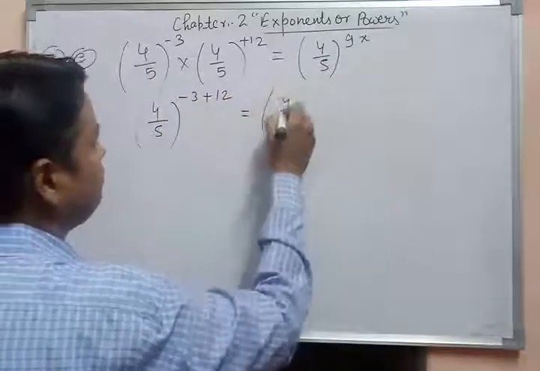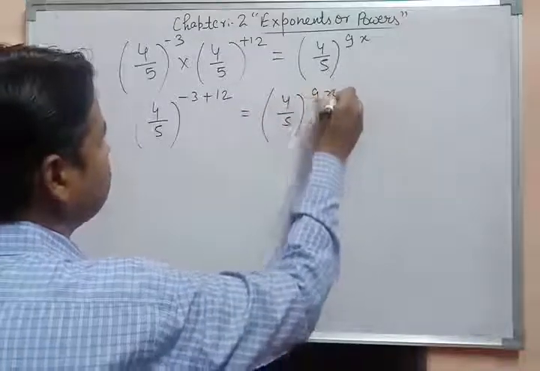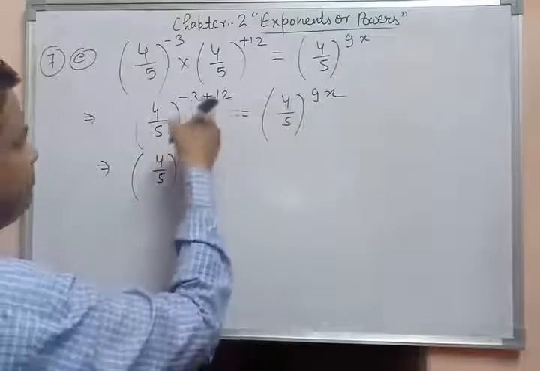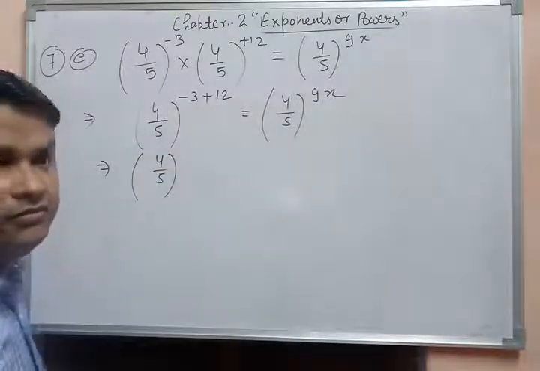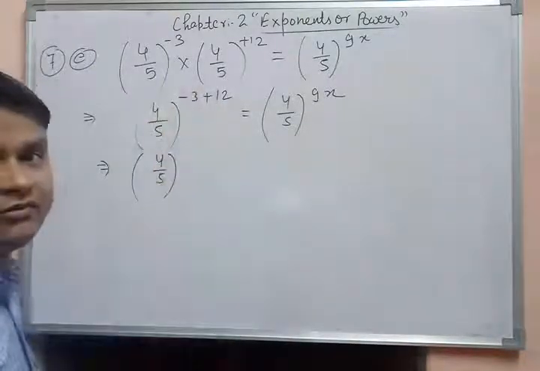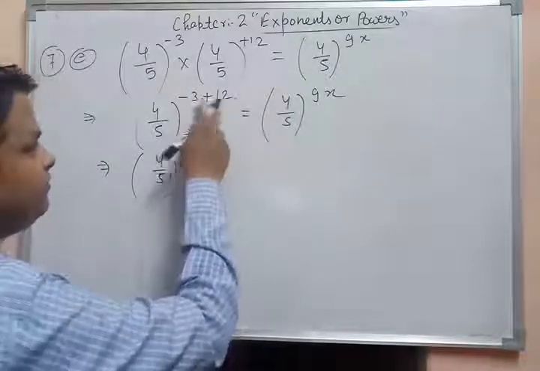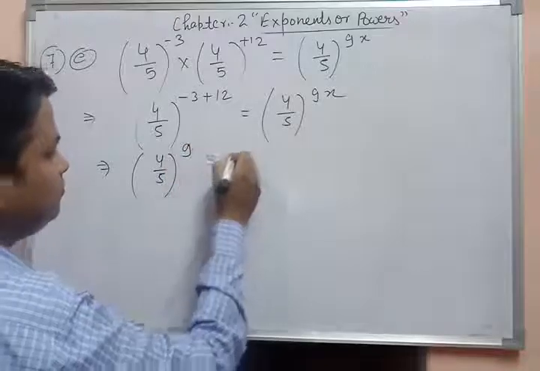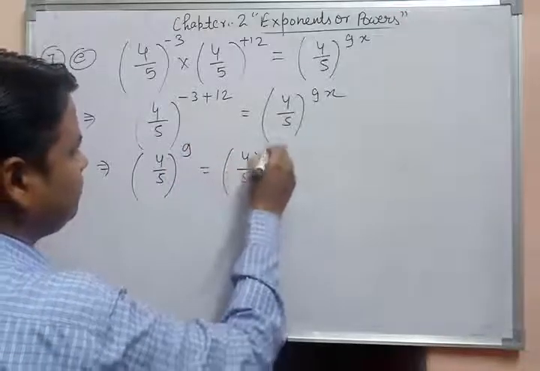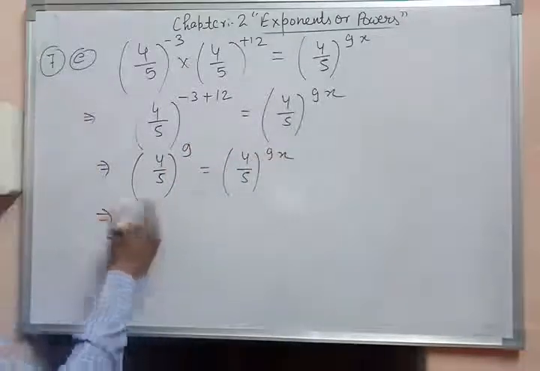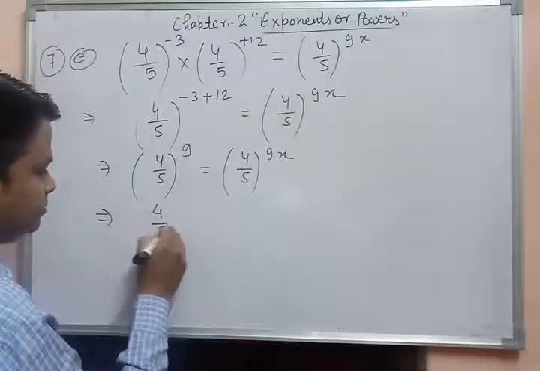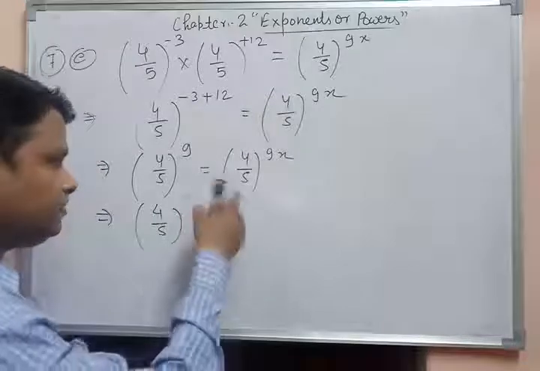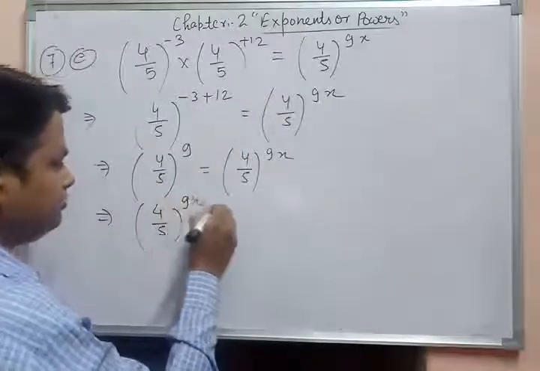This is an integer problem: 12 minus 3 is equal to 9. So 4/5 to the power 9 is equal to 4/5 to the power 9x, and this part is equal to this part.